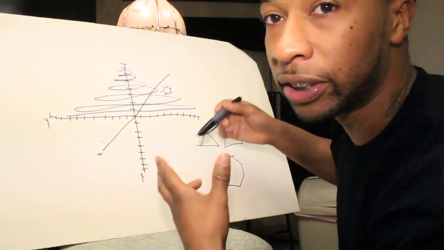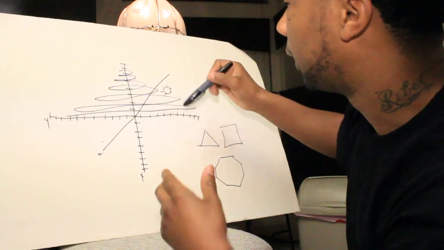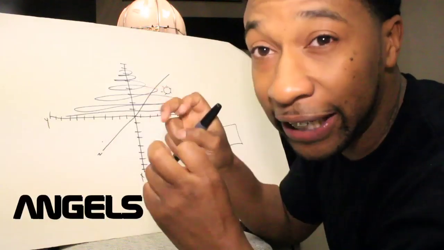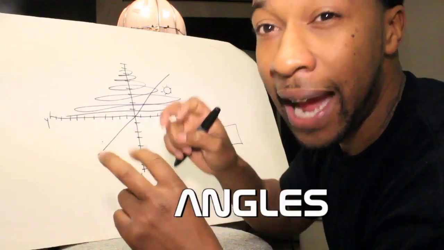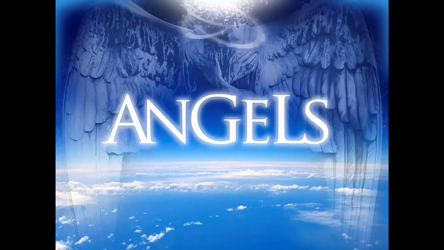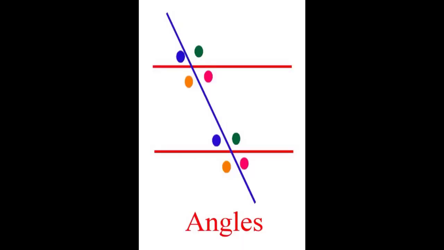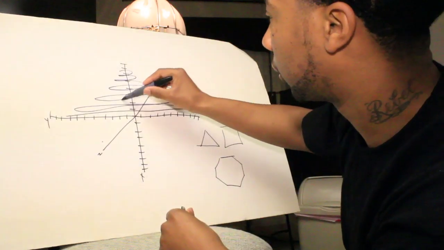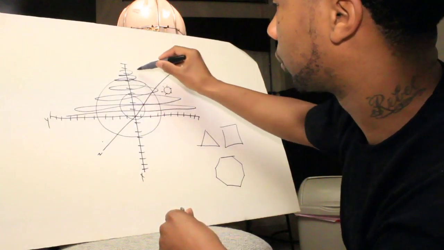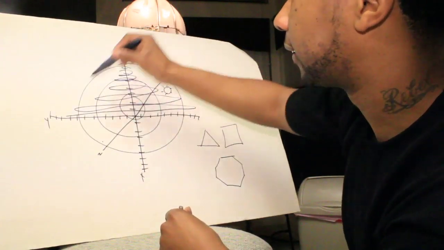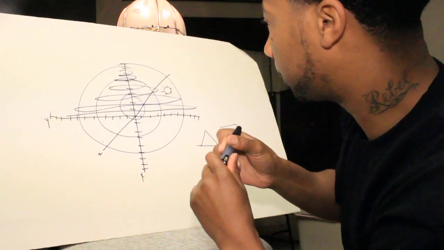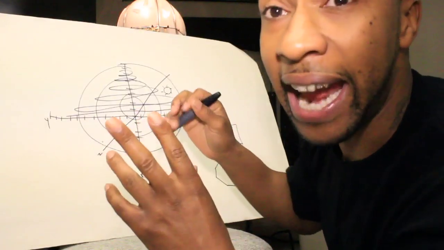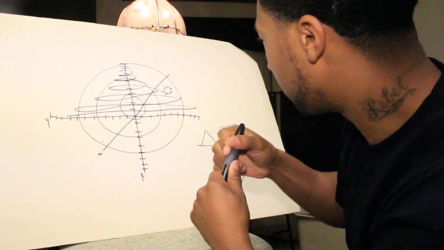The reason why I'm bringing the solar system into this diagram is to show you angles of light. What they call the angels is really angles of light. So what happens is when there are different energies on different levels that exist, planetary bodies as well, energies, spirits, angels of light.